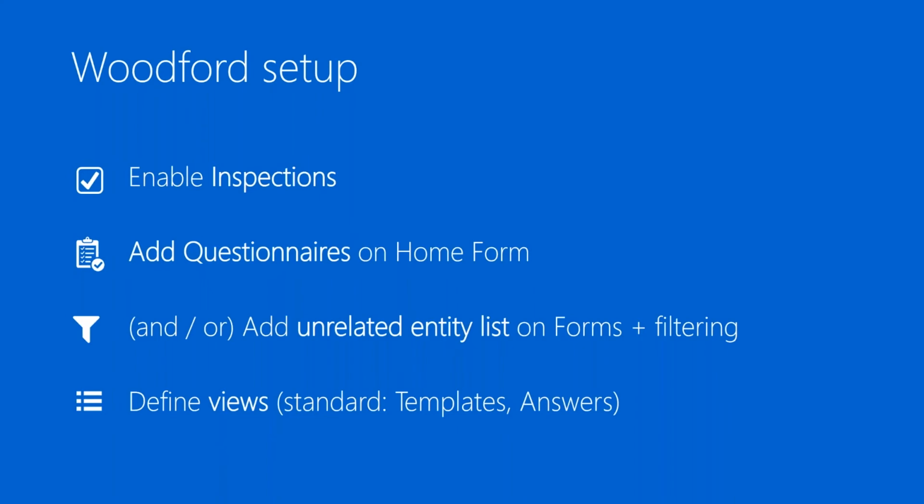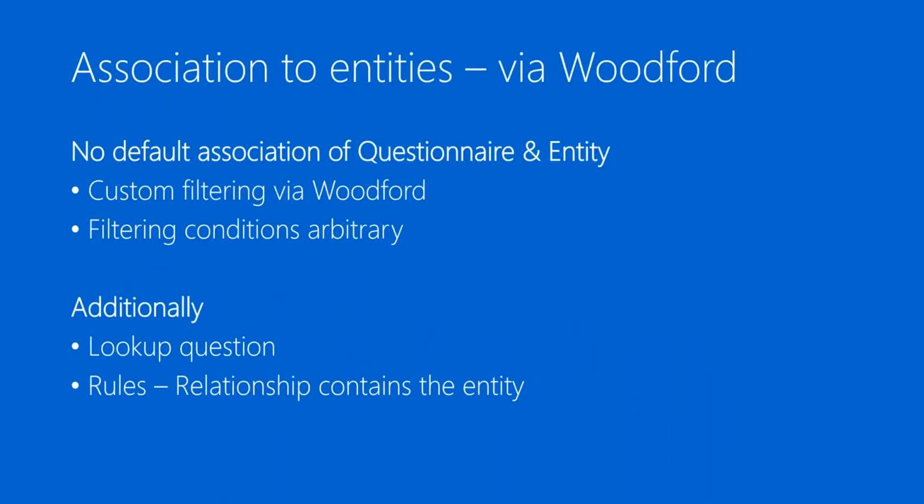So if you want to see your questionnaires attached to an entity form, so to account or to appointment, you will have to do the third step, so to add unrelated entity lists, and I will be showing this in a demonstration. Finally, you also might want to define views for the questionnaires, like to separate templates and answers, and perhaps even a different set of views that might be of use in your scenarios.